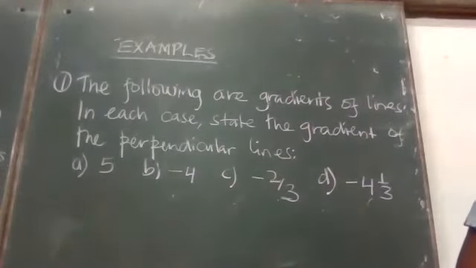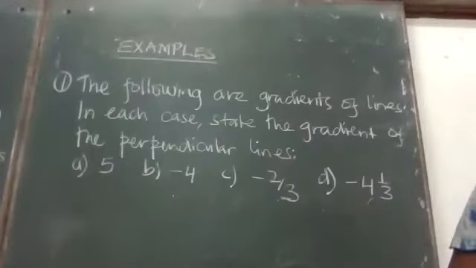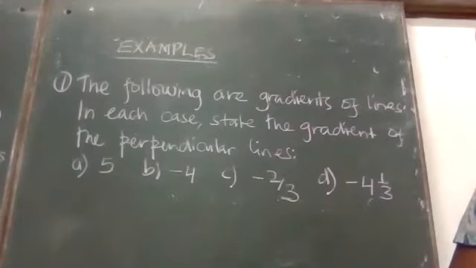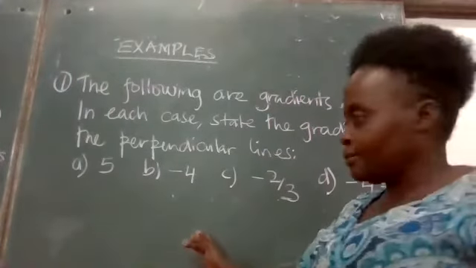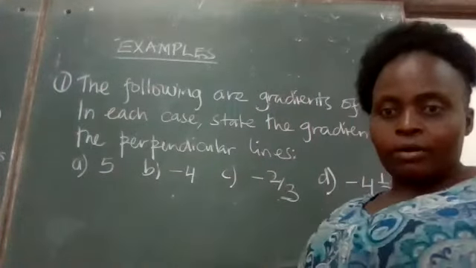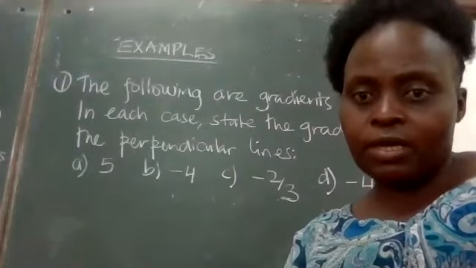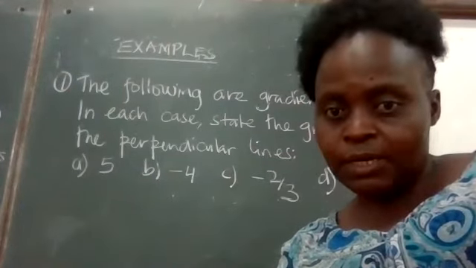They're telling us that the following are gradients of lines. In each case, state the gradient of the perpendicular lines. So we need to look at these examples. We have A, B, C, D. From what we have discussed, I don't know whether someone is able to do for us part A, from what Mrs. Nampaj has been discussing.